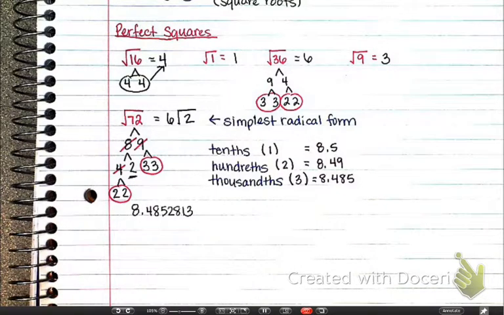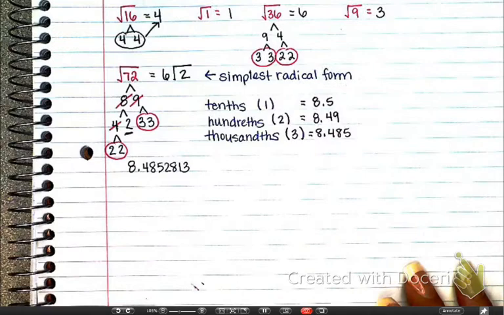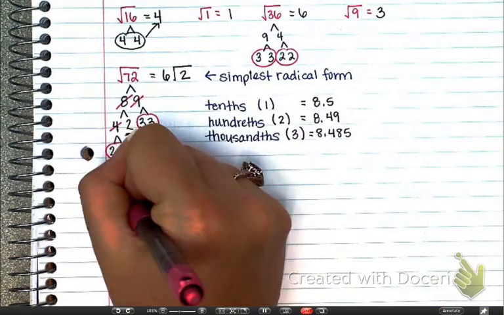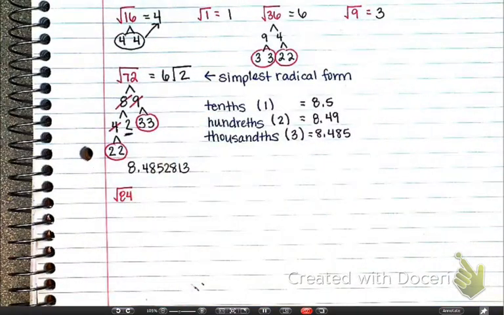Does that make sense? Okay. So let's do another square root. Let's do the square root of 84. I'm going to do one more with you, and then I'm going to let you try it.